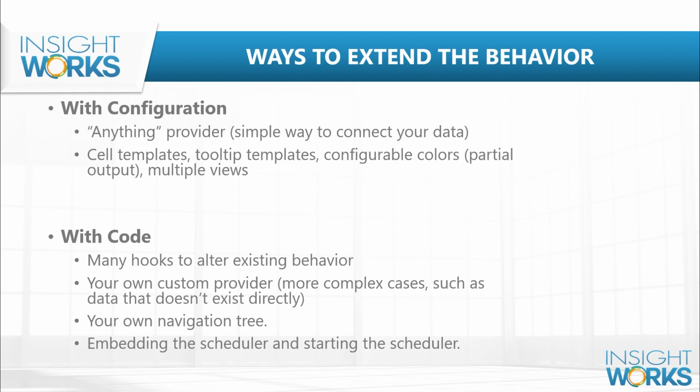A good example there would be some kind of data that you're rolling up, or some other kind of data that you're generating on the fly, but you still want to graph as if it were something that was occurring at that time in a particular location. The other thing you could do is make your own navigational tree with just a little bit of JSON generation, and you can also embed the scheduler and start the scheduler in your own code.